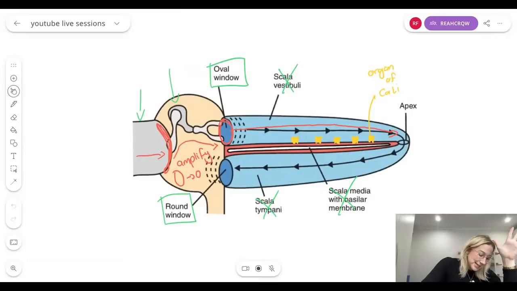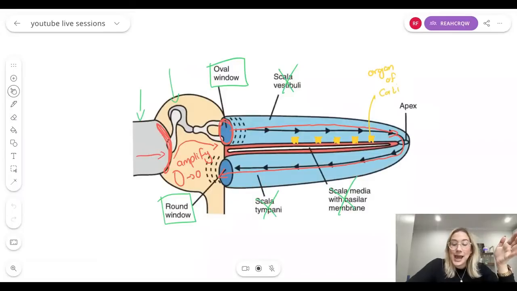Any excess sound waves are going to go around, as I said, turn a corner and go around back down the other side of the cochlea, out of the round window. And that's where reverberation is prevented. A reverberation is an echo, everybody. It's so that sound only travels once through the cochlea. If it didn't, it would get stuck inside there.